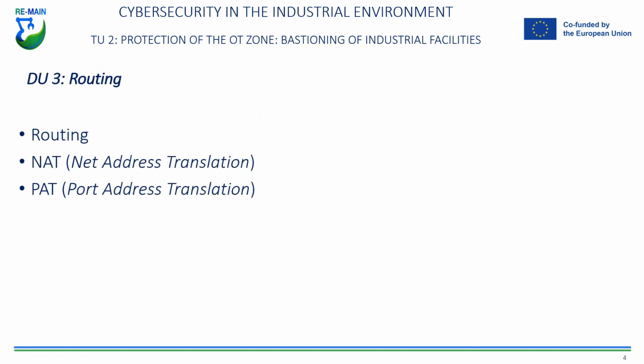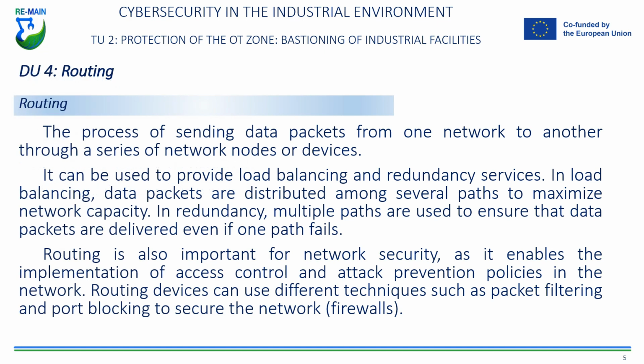In addition to classic routing techniques, NAT, network address translation, and PAT, port address translation, can be applied to increase device security. Routing refers to the process of sending data packets from one network to another through a series of network nodes or devices.